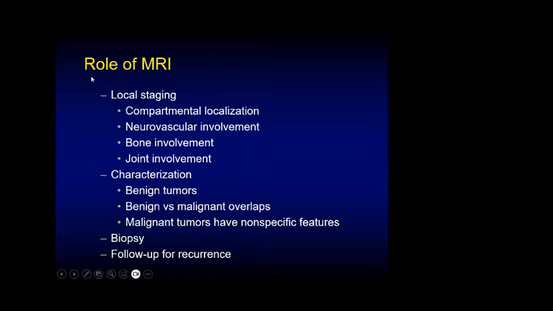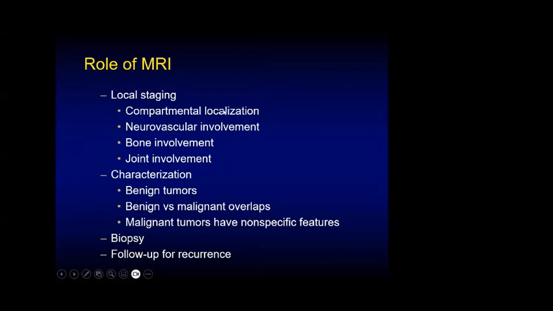MRI is the major imaging test for soft tissue sarcomas or all soft tissue tumors, whether benign or malignant. MRI is very helpful for lesion detection and lesion staging for malignant soft tissue tumors and sarcomas.